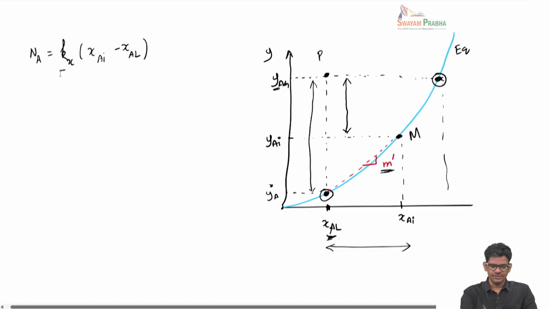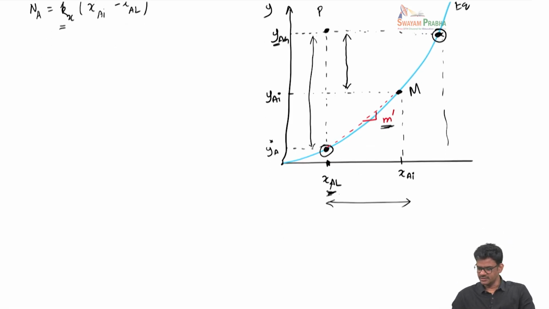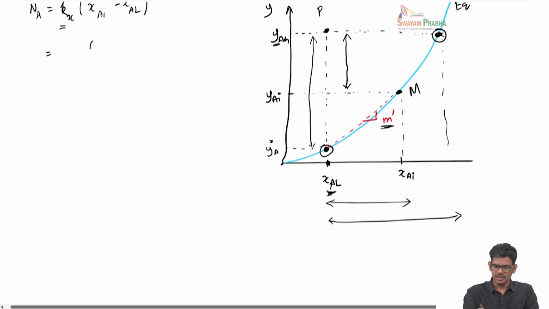Or equivalently, we can write this flux in terms of XA star minus XAL with a new coefficient, capital Kx.